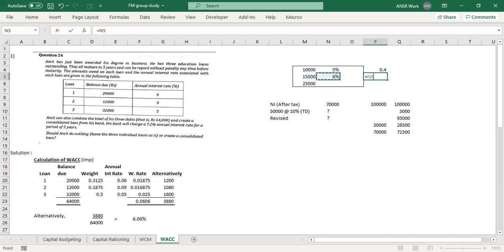The contribution of each: 25,000 into 0.4 gives us 10,000, and 0.6 gives us 15,000. Then 0.4 into 5% and 0.6 into 6%, and the sum total of this should give us 5.6%. You are absolutely right.